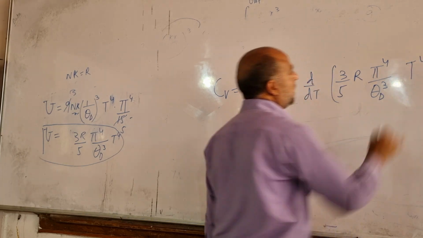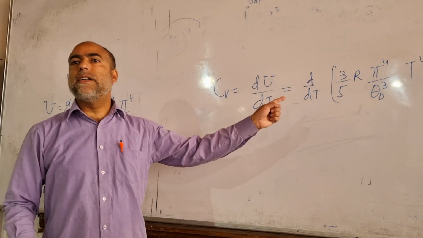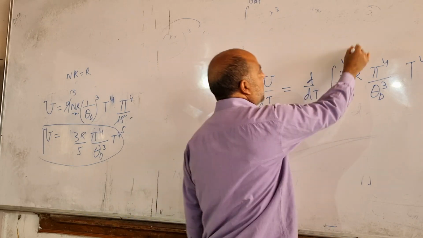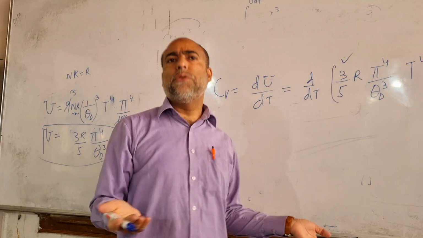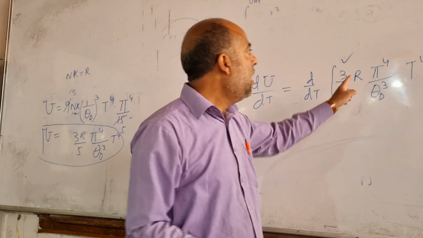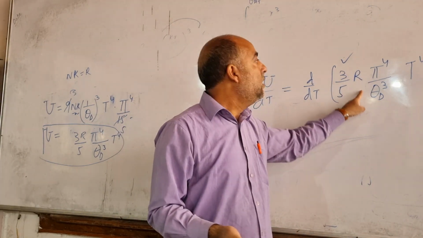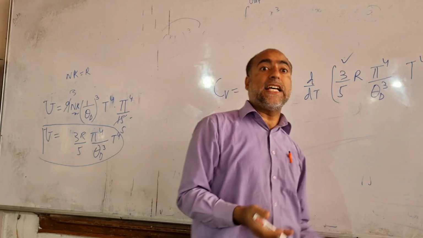If you look at these terms, 3 by 5 is constant, 3 is constant, 5 is constant, and the ratio of two constants is always a constant. R is constant, pi is constant, and theta d is as well constant.